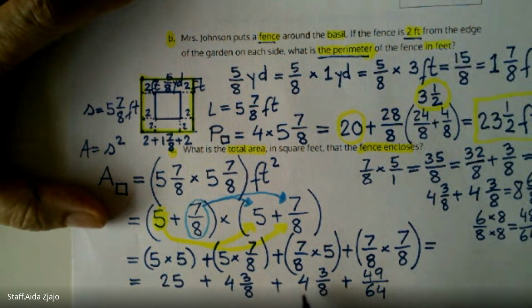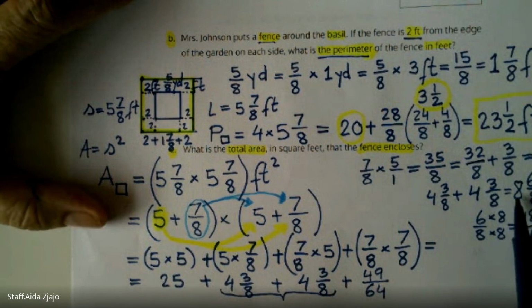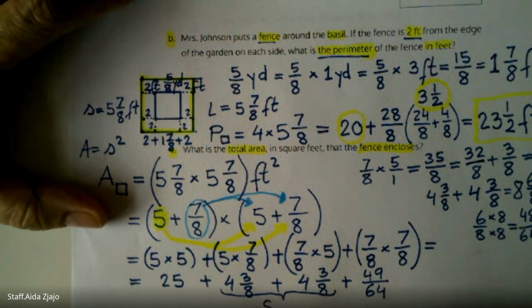So all this is going to be 8 and 48/64, plus 25 wholes still, and then plus this 49/64.